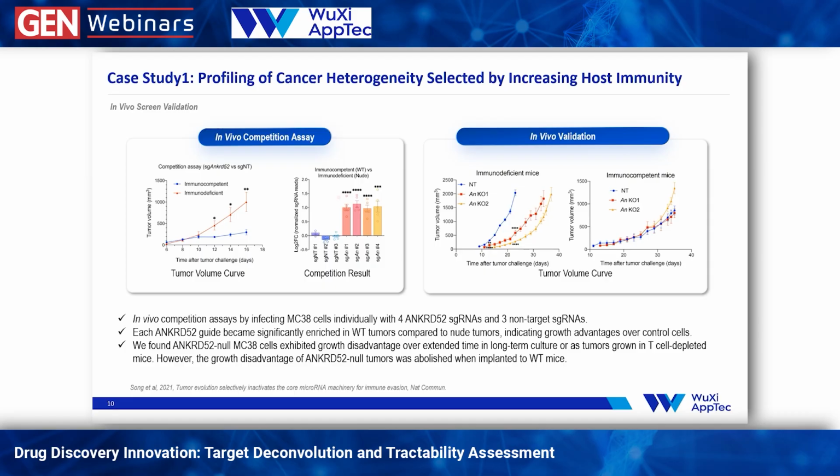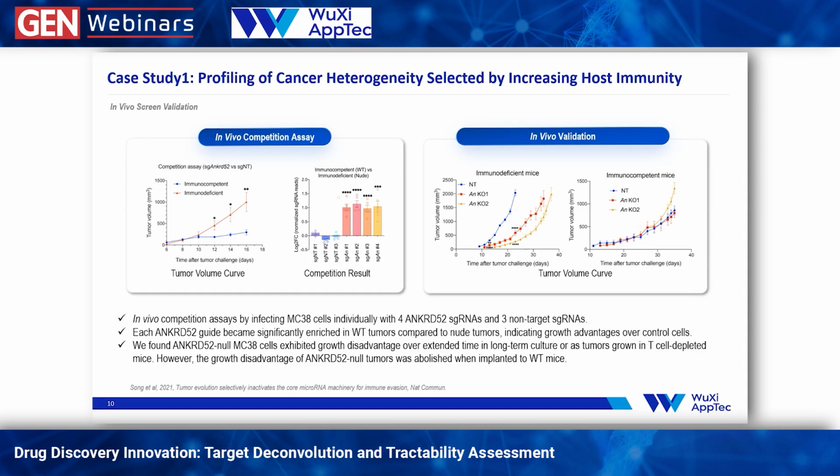And this is also validated in the in vivo mice models, as we can see on the right figures. No matter whether we do ANKRD52 knockout 1 or knockout 2, the tumors always grow slower compared to the non-target sgRNA controls. So that means after you knock out ANKRD52, these tumor cells grow slowly if there's no immune pressure.